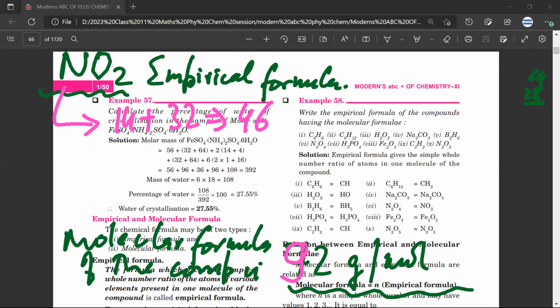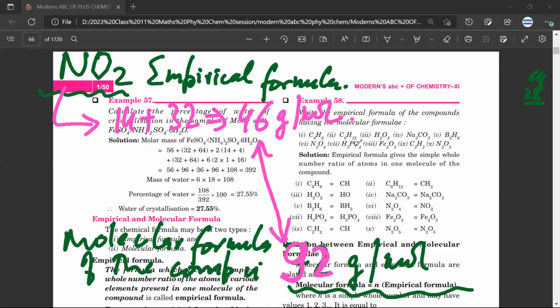I'm sorry. This is 92. Okay. So, as per the molecular formula, the molar mass is 92 gram per mole. As per the empirical formula, what we see is that the molar mass is 46 gram per mole. So now I see a difference between these two.